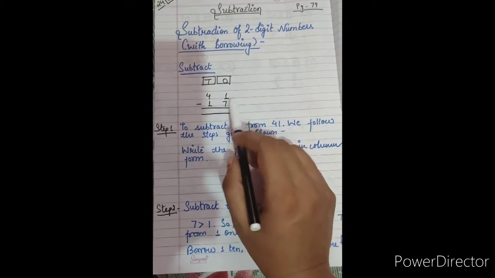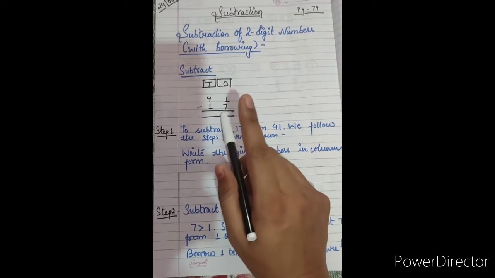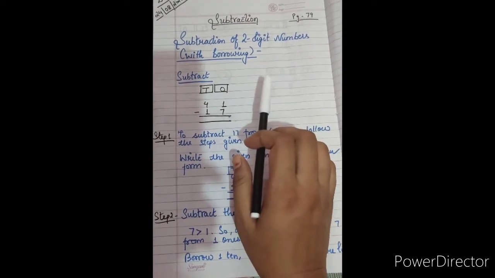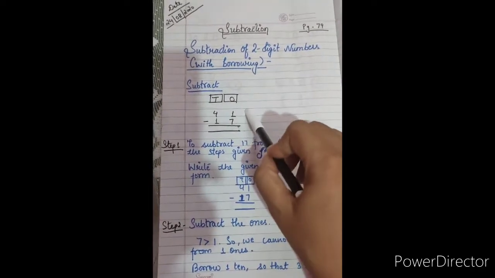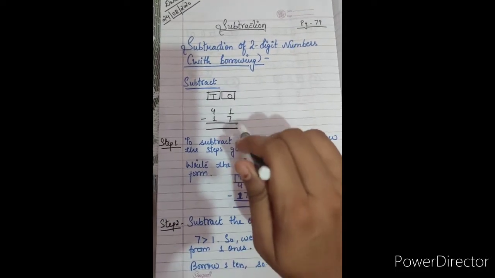If the numbers are not arranged column-wise, then step 1 is arranging the given digits column-wise. We have already done this, and these numbers are already arranged column-wise.